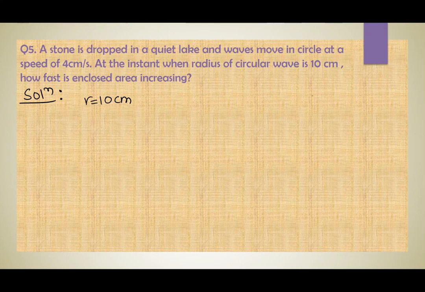So if I say that waves are moving, ऐसे waves आगे आगे जा रहे हैं, okay, circular waves ऐसे आगे जा रहे हैं. And they are increasing in size, right? So it means that their radius is increasing. So it's like dr by dt is given to be 4 centimeter per second.